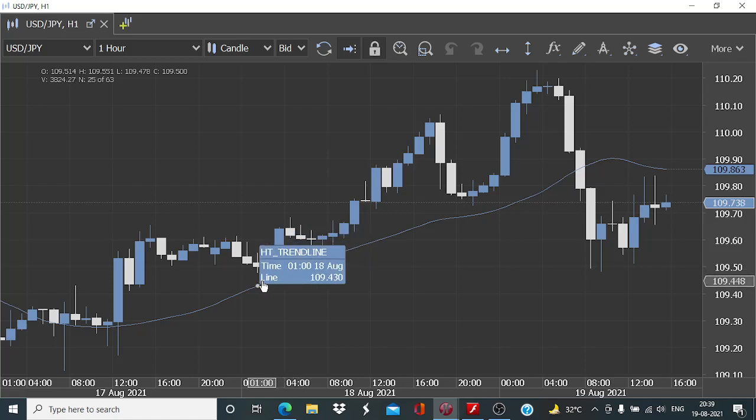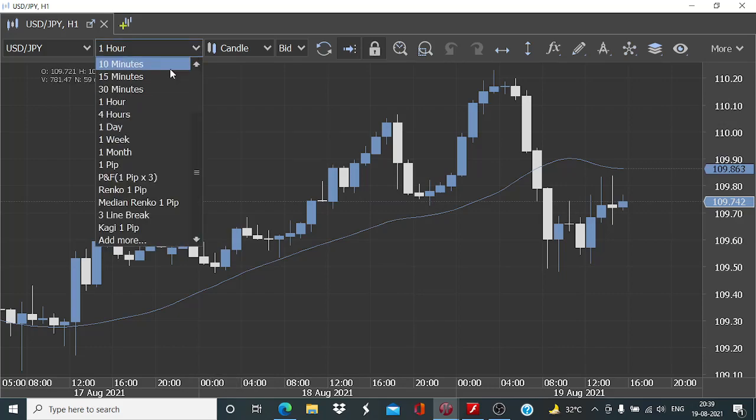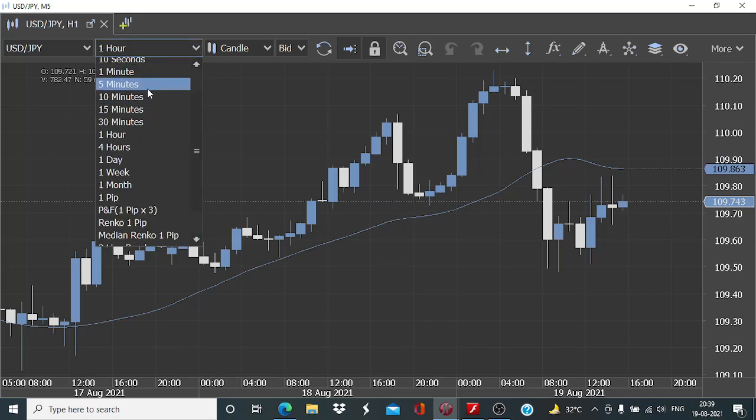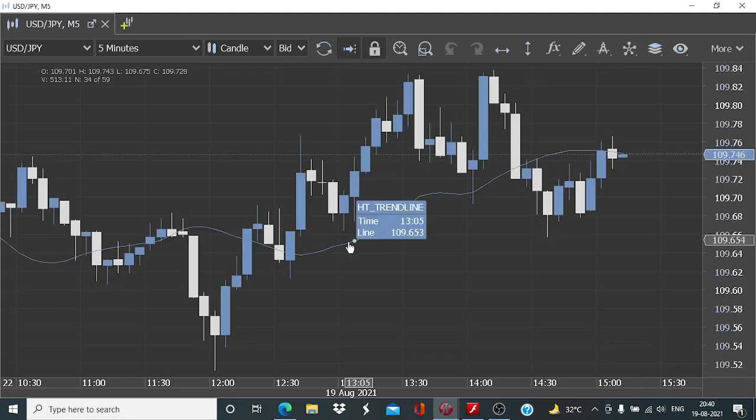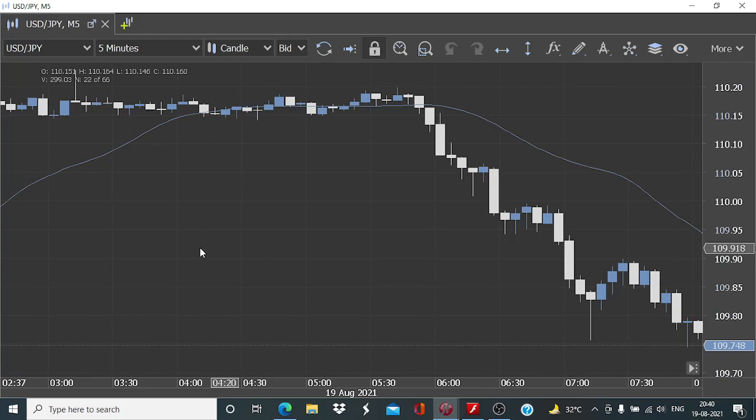Whatever is the trend line price, we will add 10 pips to it, and within which the price should execute. The price of execution should be higher than the HT trend line and lower than the HT trend line plus 10 pips. That will be the execution band, and provided the hourly conditions are in place, the trade execution will happen whenever the turnaround happens on the lower time frame.